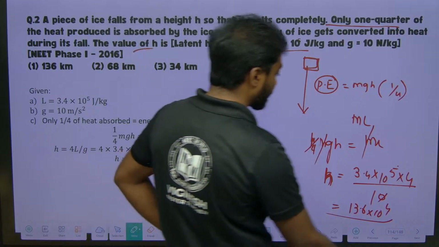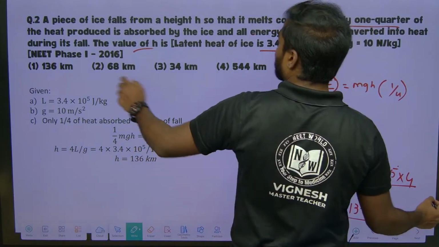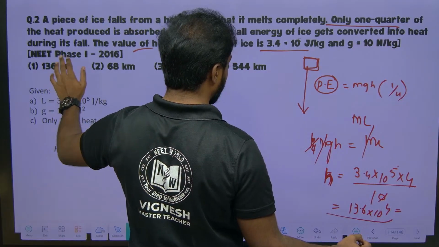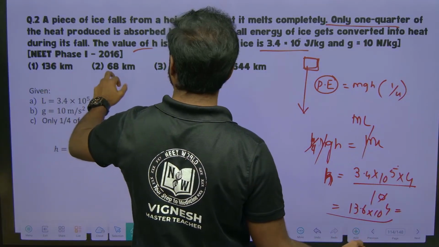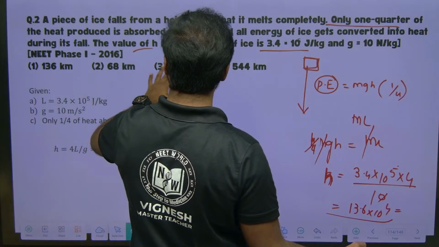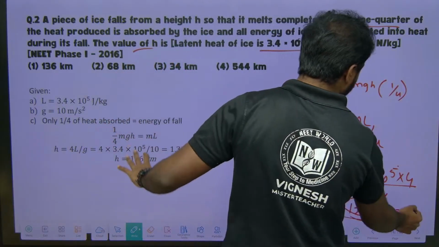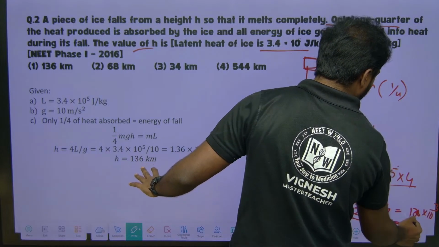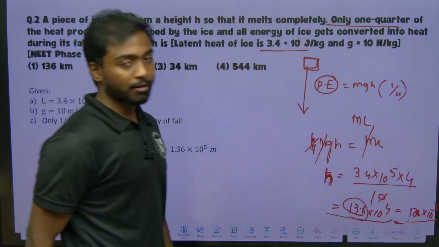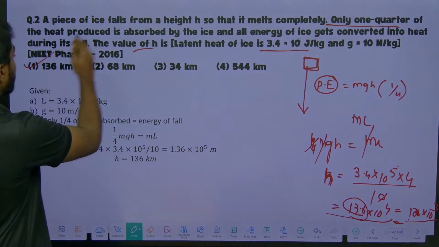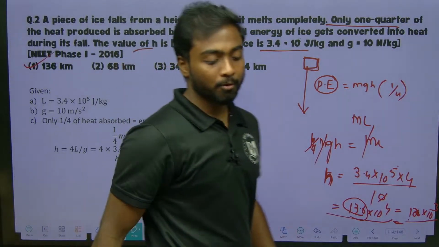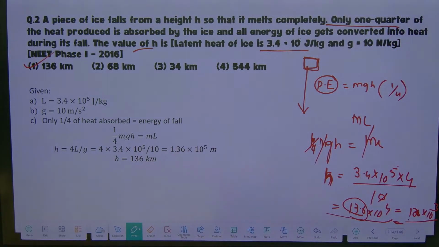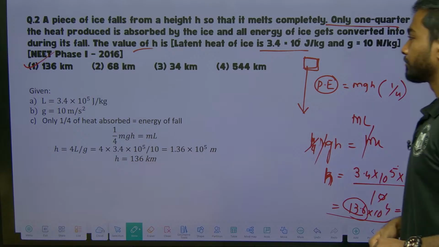Options are given in kilometers: 136 kilometer and 68 kilometer. I can write this as 136 into 10 power 3, so 136 kilometer is the option. Option 1 is the correct answer. Got it?